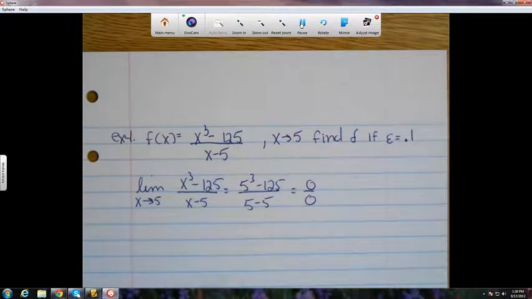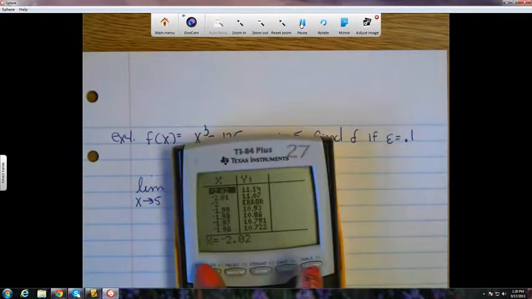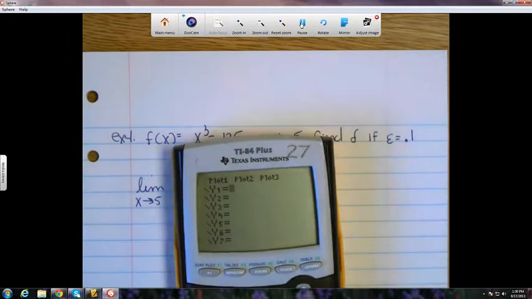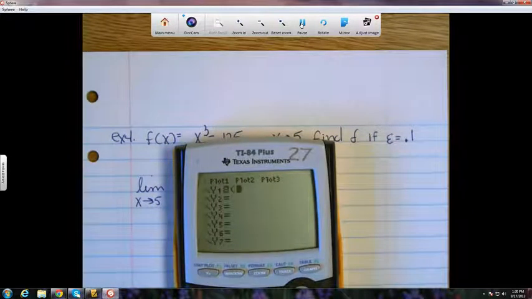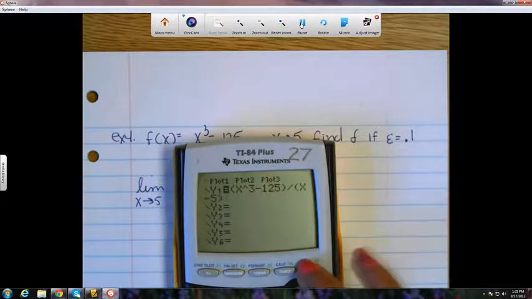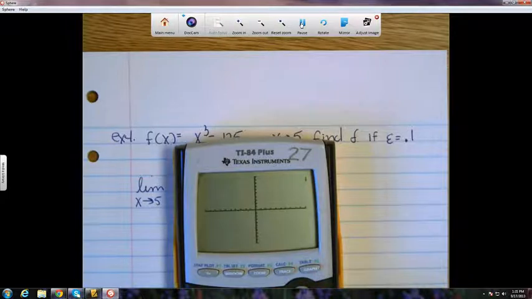If you want to take a look at the graph, you can, and look at the table. It's not necessary. X cubed minus 125 divided by x minus 5. Let's see, window.